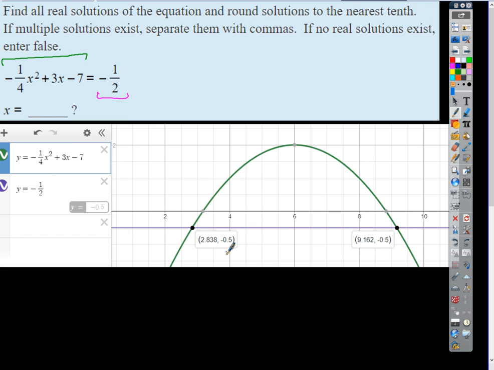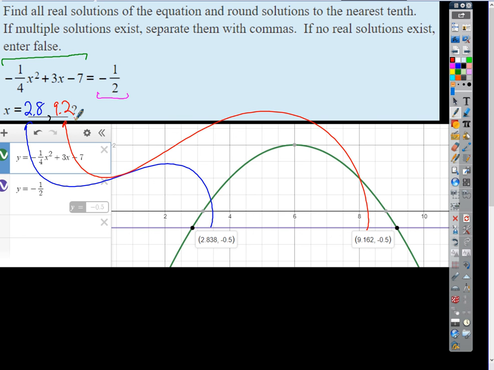X, then Y, right? So we're solving for X. So if I round that to the nearest tenth, that one's 2.8. And this other one is 9.2. How simple, right? And if there's no intersection, there's no solution, so we would just type in the word false.